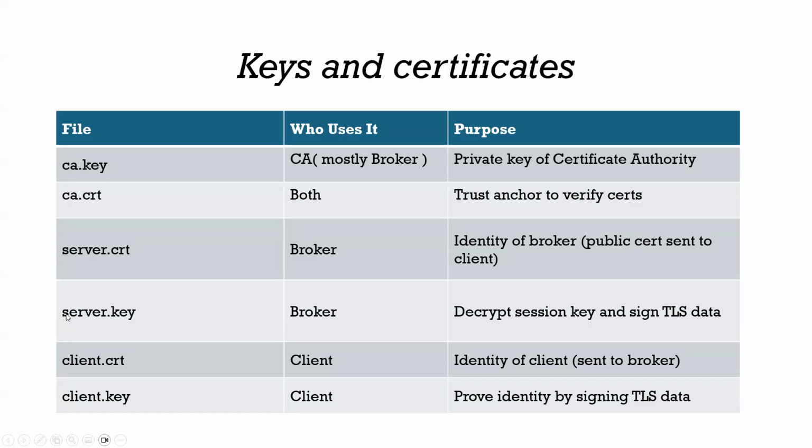Similarly, you generate the server key, then a server sign request, and when it is signed by the CA key, you generate the server CRT. The two important things to understand are the client CRT and the server CRT, and all these CRTs are basically public keys.